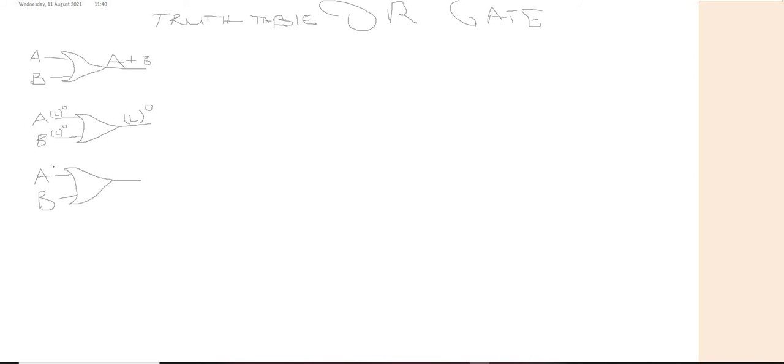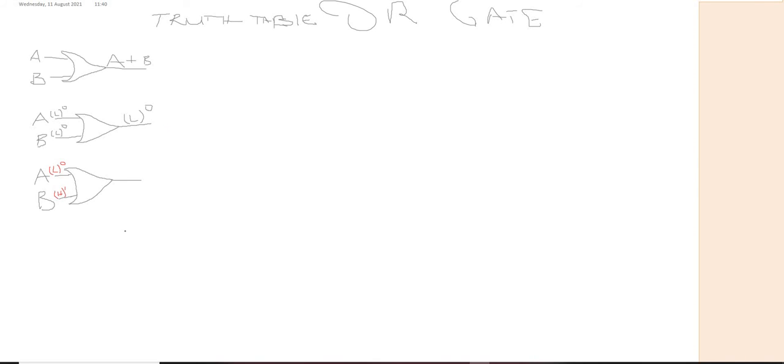This is low. Low is representing what? 0. And this high is representing what? 1. Then the result now is actually the vice versa of the AND gate.